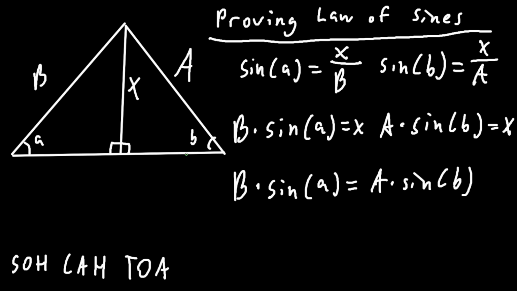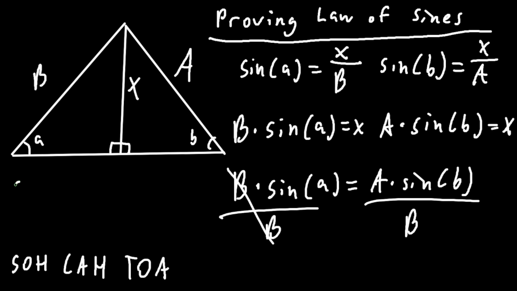So what I'm going to do is get B over on this side. It's still not the best because I kind of have to divide, but it'll be worth it. So I'm going to divide both sides of this equation by B. So these cancel out.